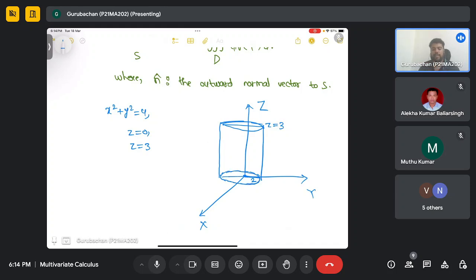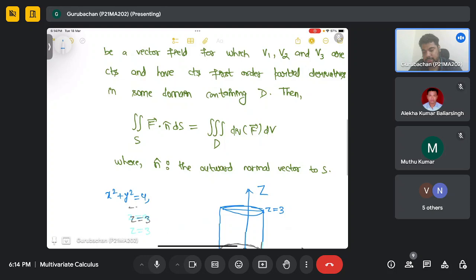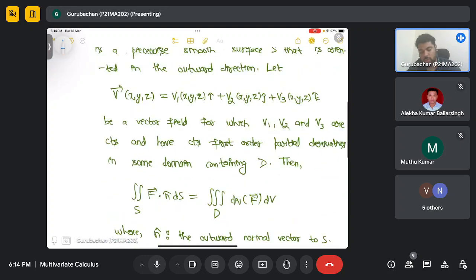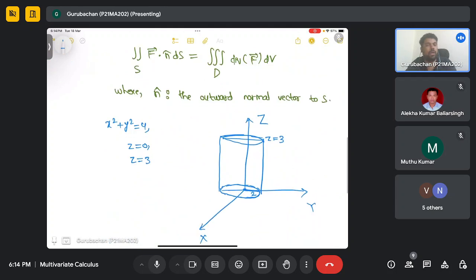Clearly we can see that this cylinder is a closed and bounded region, and moreover this surface is piecewise smooth: this is S1, this is S2, the curved one, and this is S3. All of these three are piecewise smooth.